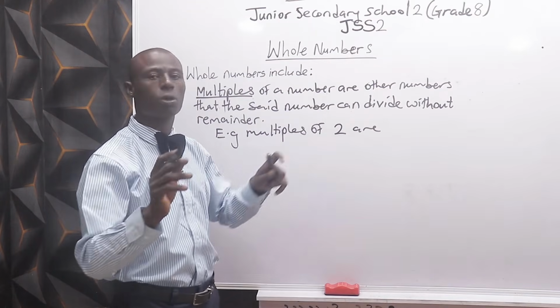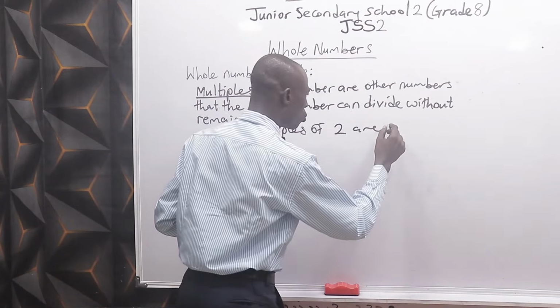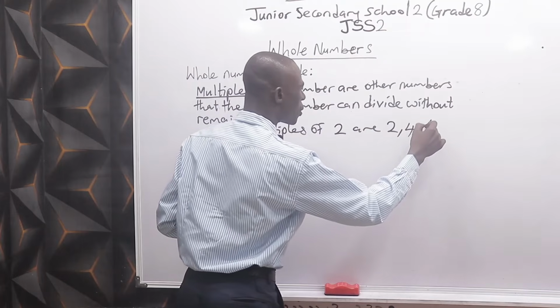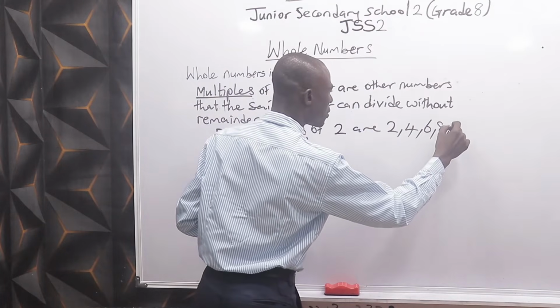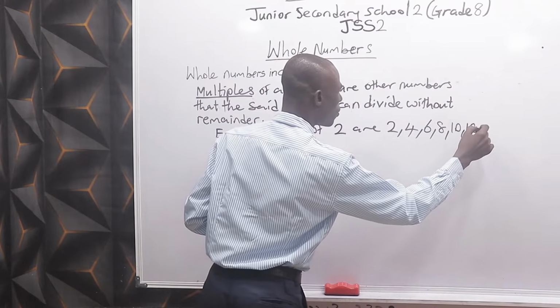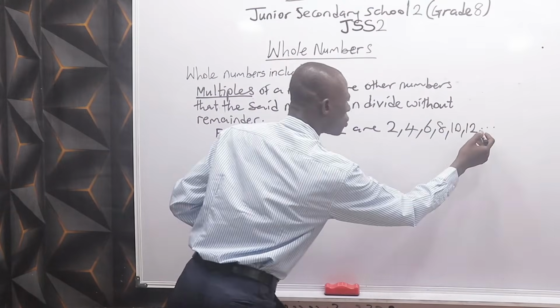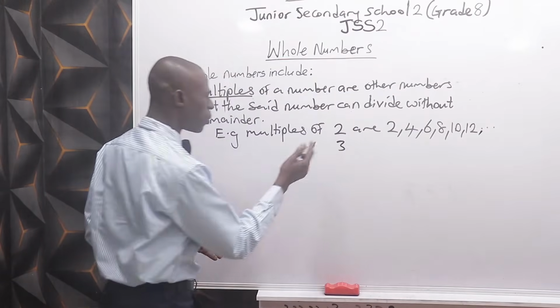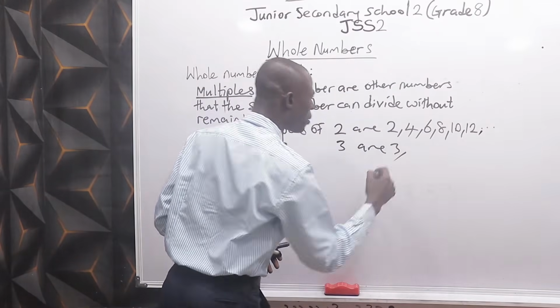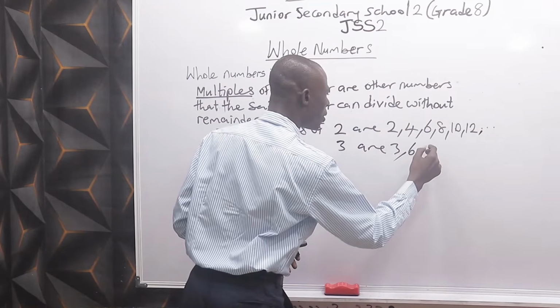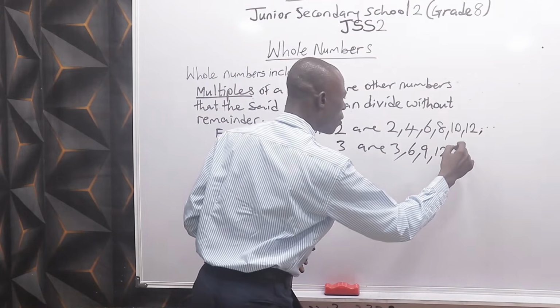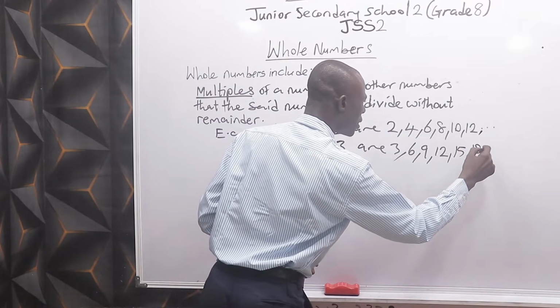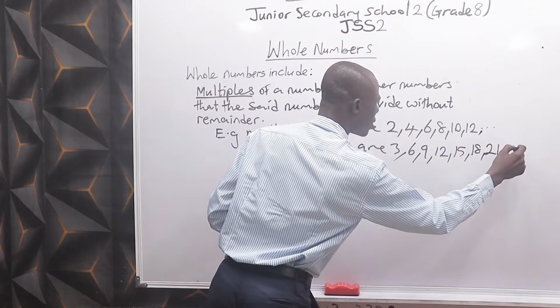They are the multiples of 2. And they are 2, 4, 6, 8, 10, 12, etc. So these are the multiples of 2. What of multiples of 3? Multiples of 3 will be 3, 6, 9, 12, 15, 18, 21, and so forth.